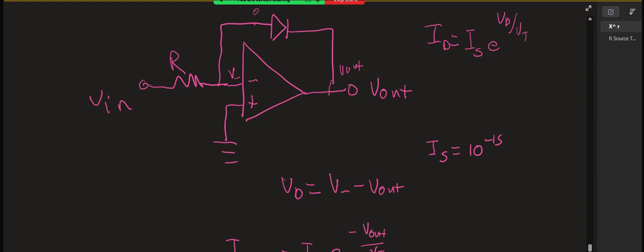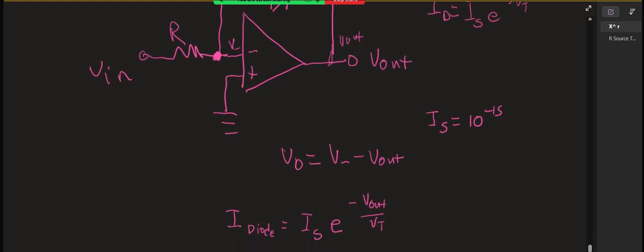Okay, so can we figure out anything about the current? Well, it's equal to Vn divided by R. Yeah, so this current, Vn divided by R, is going to be our current.